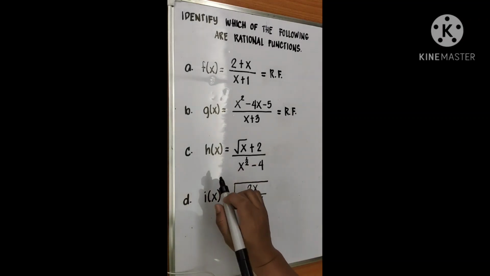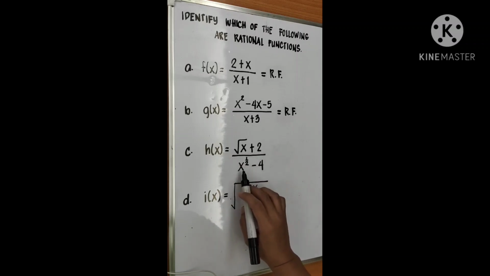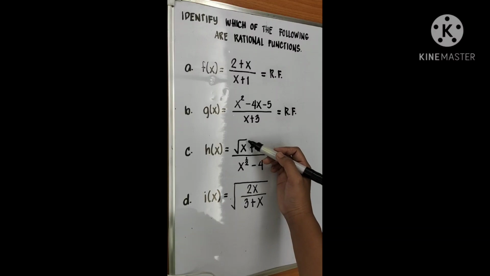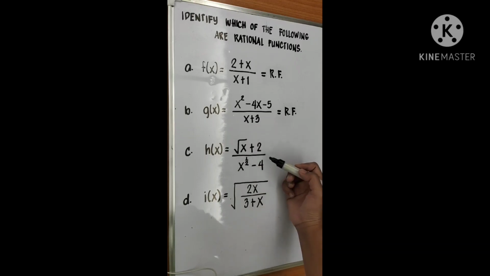Now for letter C, we have h(x) = (√x + 2)/(x^(1/2) - 4). Square root of x means x raised to 1/2. This means the given numerator and denominator are not polynomials, since they have an exponent that is a fraction.